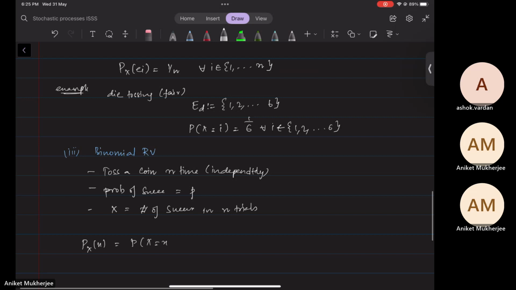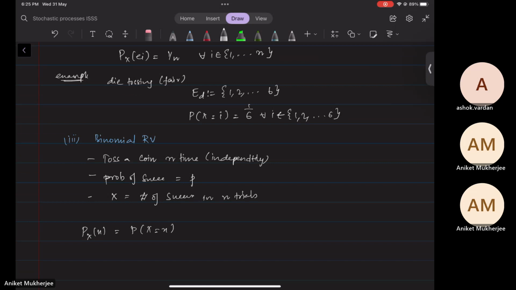The probability that you see x successes in n trials is nCx p^x (1 minus p)^(n minus x).